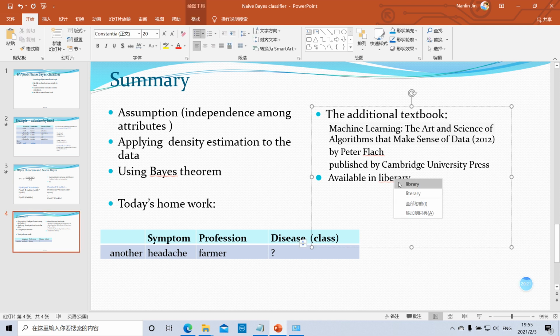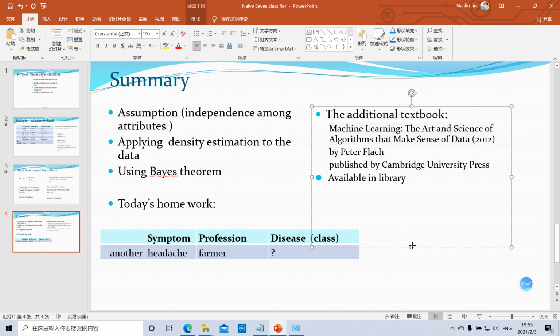If you want to understand a little bit more, there's a book in the library. I think we have 3 hard copies. You probably also have the online copy, which gives a very detailed understanding of all machine learning methods. It's called Art and Science that Makes Sense of Data. It's a machine learning textbook.